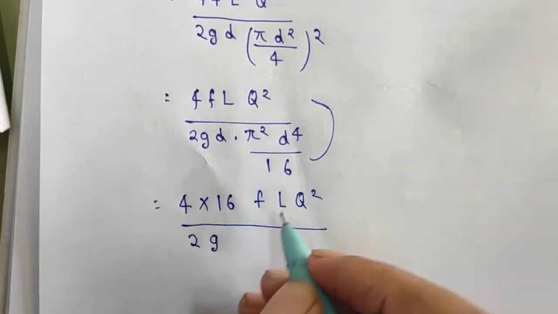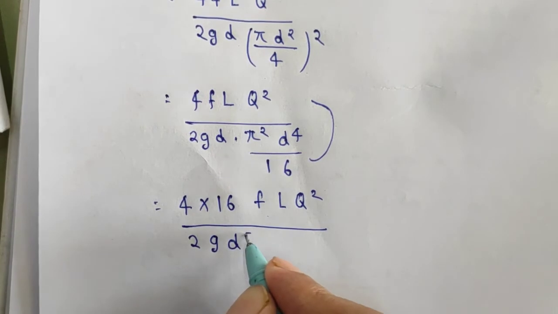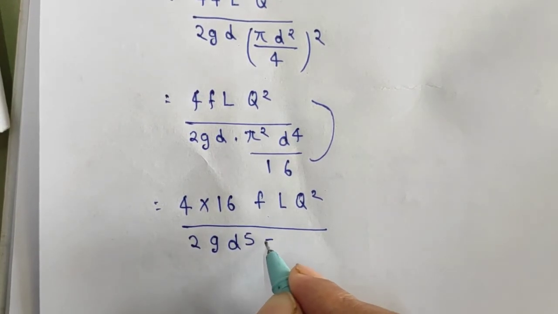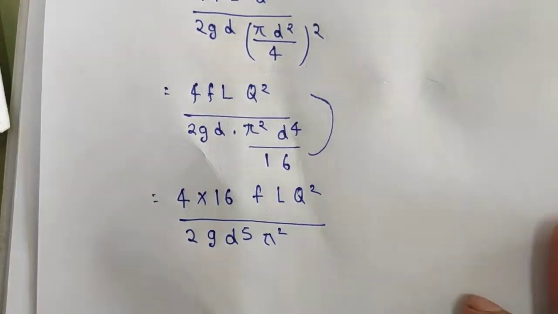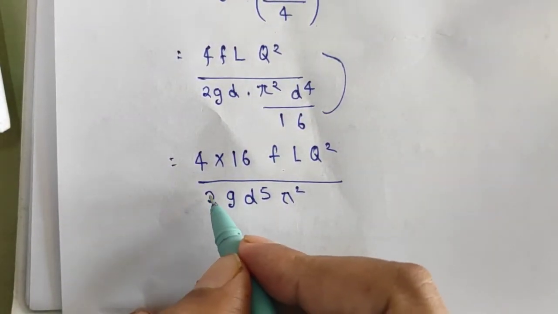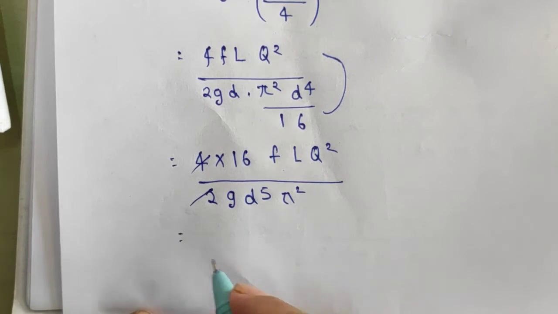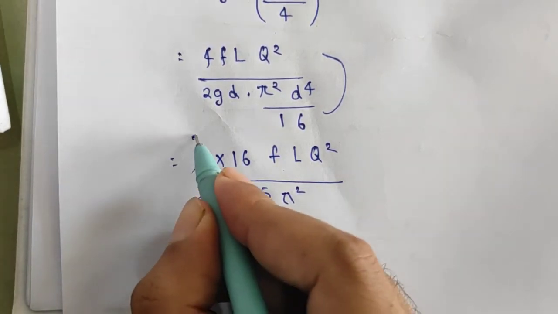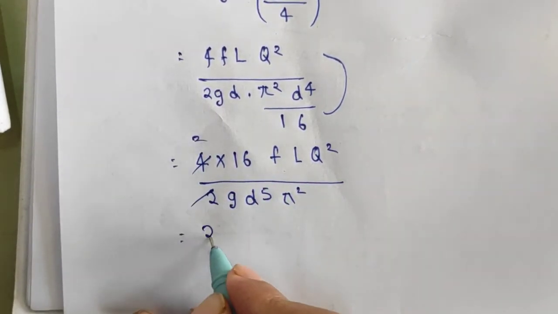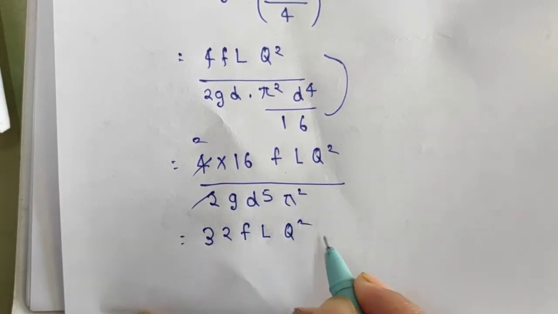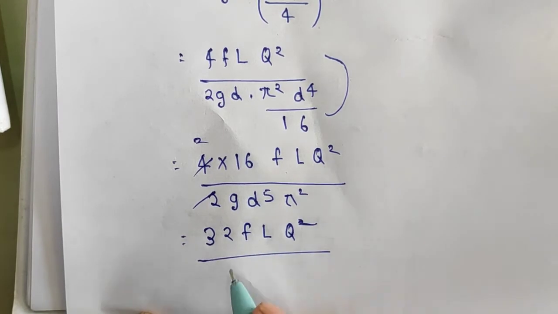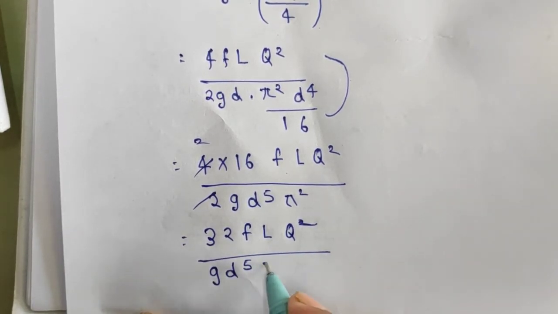D into d to the power 4 is d to the power 5, and also we have pi square, right? If we cancel this out, we are left with 2 sixteens are 32, f L Q square by g d to the power 5 pi square, right?